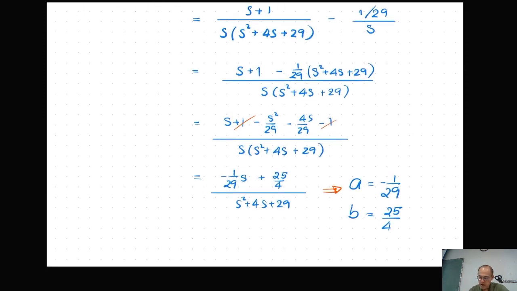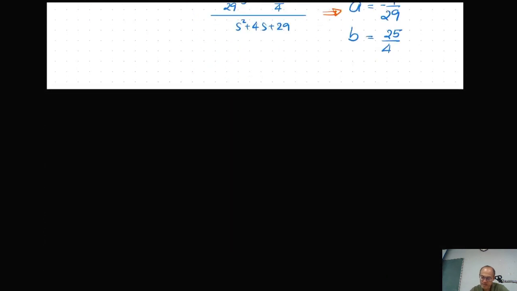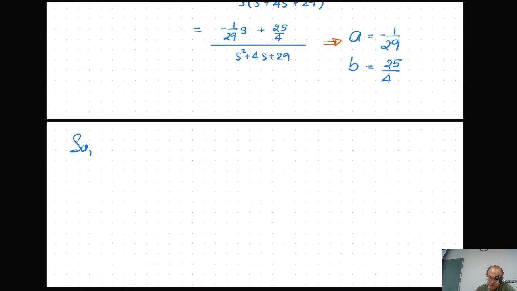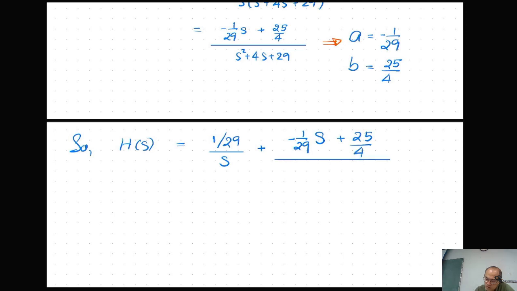Okay? And there you have it. And so the last ingredients have been found. So I have H is equal to 1 over 29 times 1 over S, plus minus 1 over 29 S plus 25 over 4, over S plus 2 squared plus 5 squared.